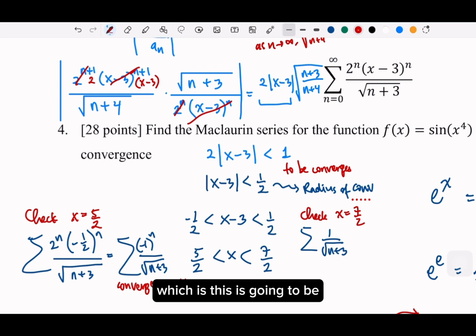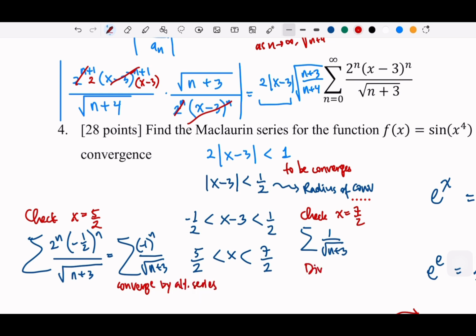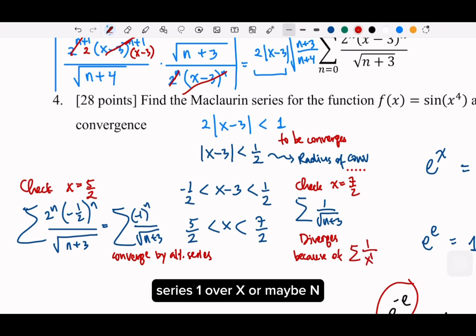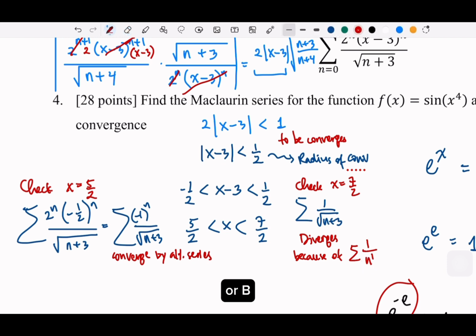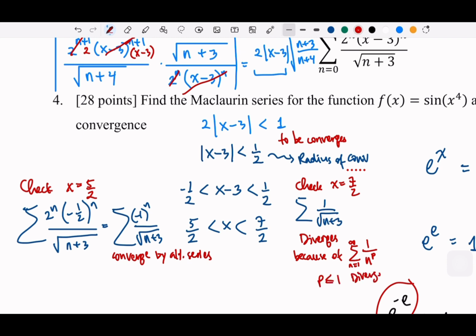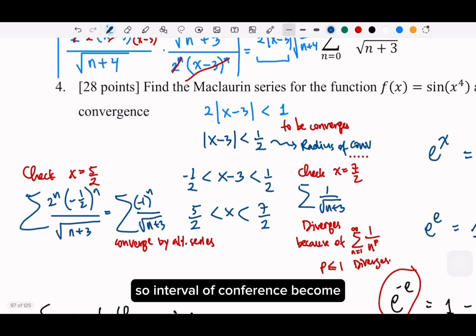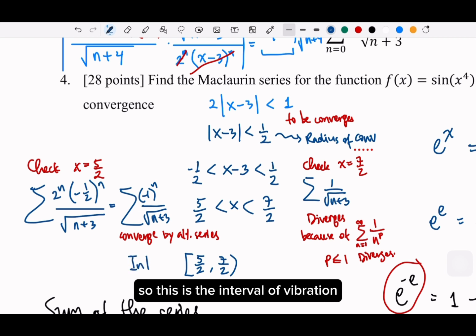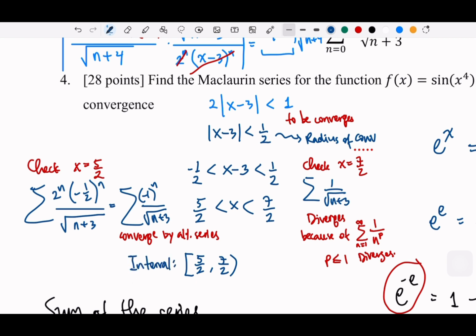This diverges, because of the series 1 over n to the power of p, where p should be greater than 1 to converge; here p is one half, so it diverges. So the interval of convergence needs to include 5 over 2 but exclude 7 over 2.